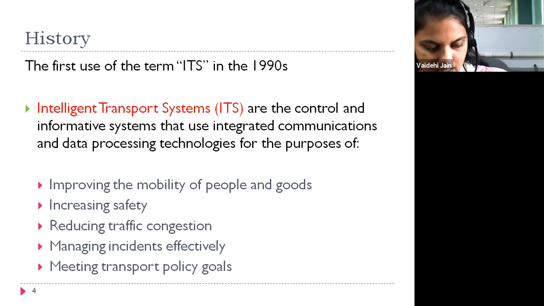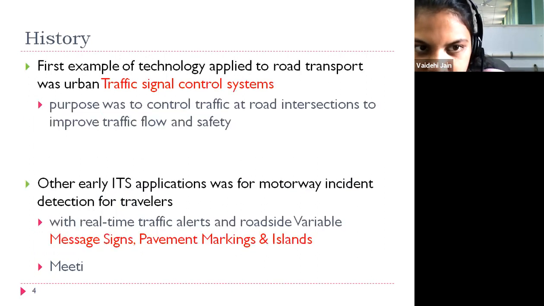Whatever incidents happen on the road, we can manage those incidents by using appropriate technology on the road. By fulfilling all these purposes, we can meet all the transport policy goals. So these are some basic purposes for ITS implementation.